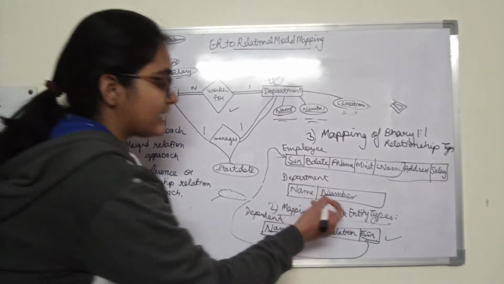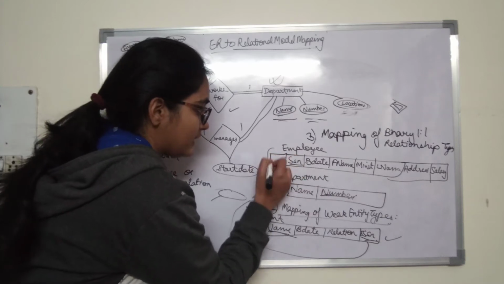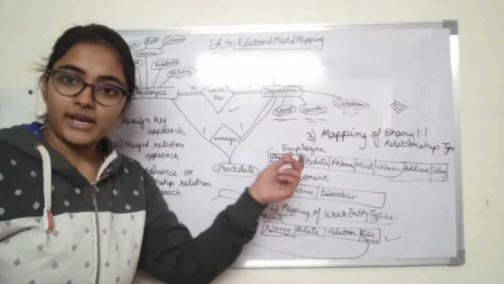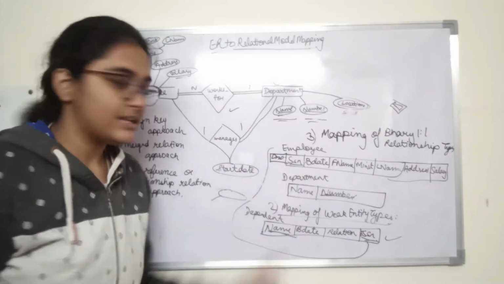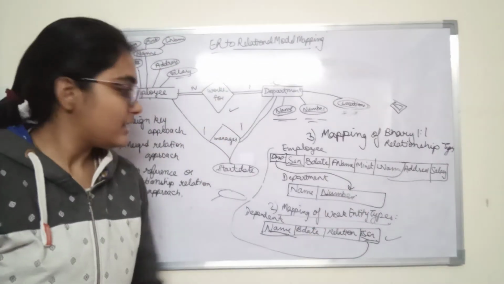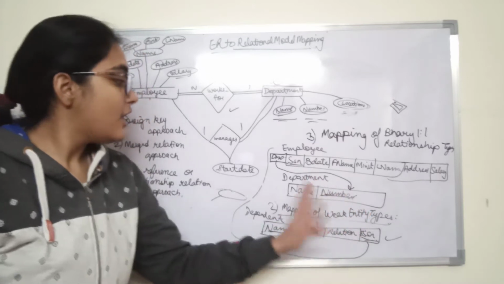So either I can include department number here, let us say I rename it as D number. This is a foreign key in employee relation that refers to the department relation, and what we have included is the primary key of that relation.